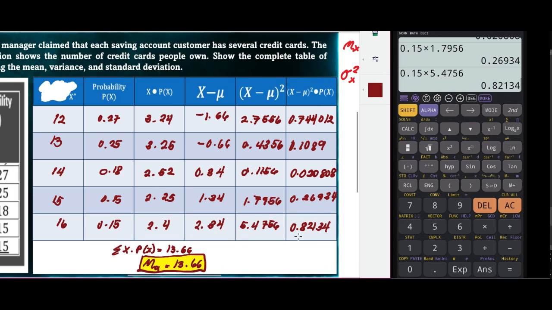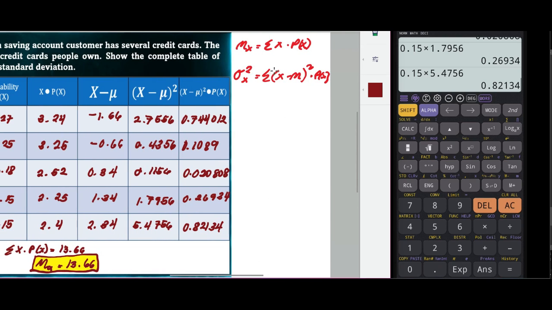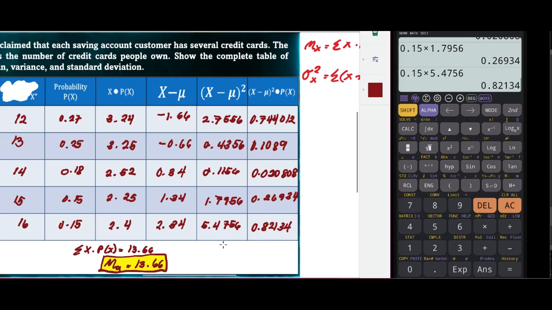0.82134. So pag nakuha nyo na to class, kapag nakompleto nyo na siya, okay, so ang susunod nyo naman gagawin class is to get the summation. Kasi yung formula natin for the variance is summation of the quantity of x minus the mean squared times the probability of x. So nakuha na natin to, so all we have to do is to get their sum, no? Okay, kunin natin yung sum. So we have 0.81 na tayo, no?